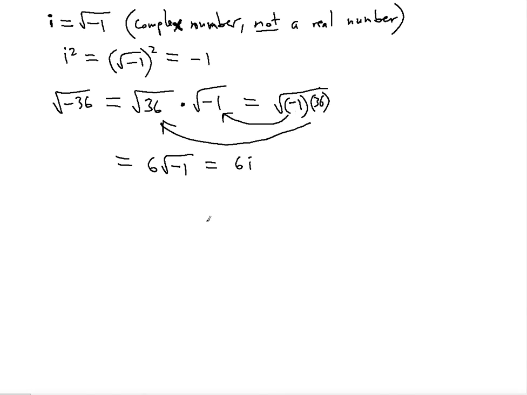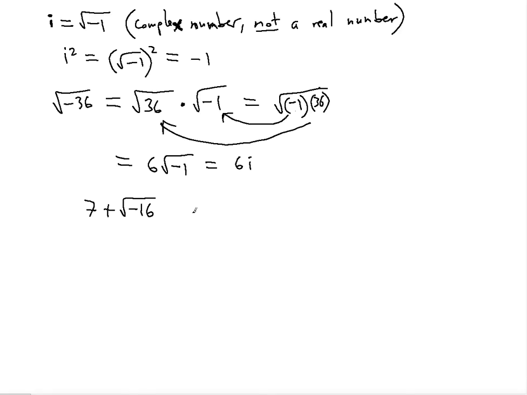Now let's try to use conjugates. So if I give you something like 7 plus radical of -16, how are you going to put it in standard form involving complex numbers? How are you going to put it in terms of i?